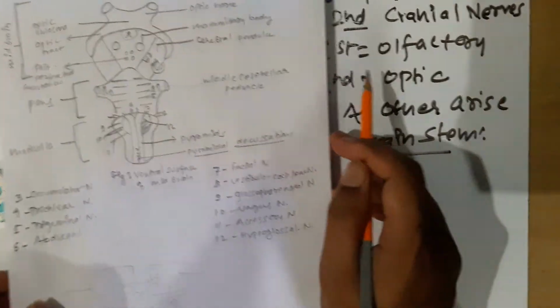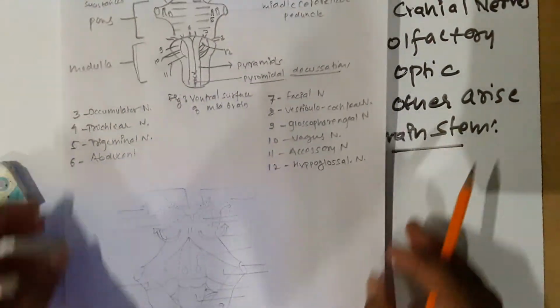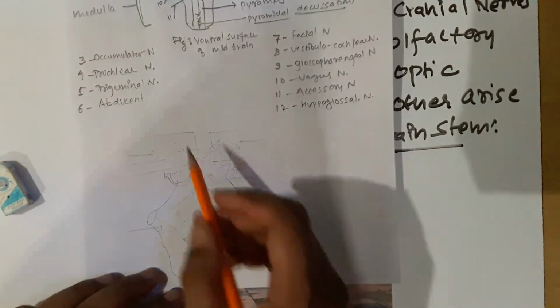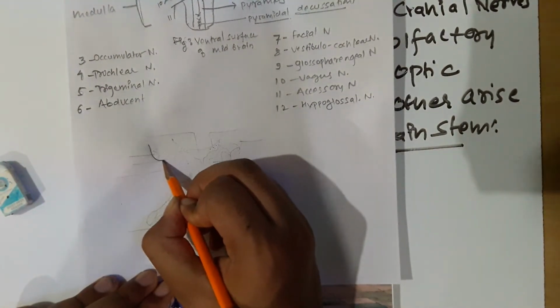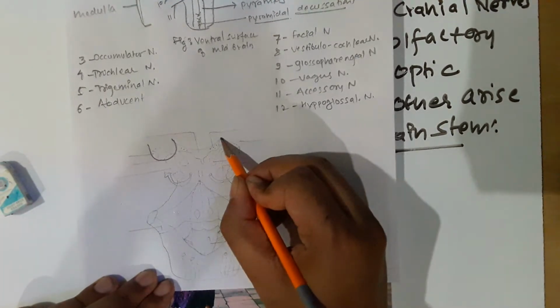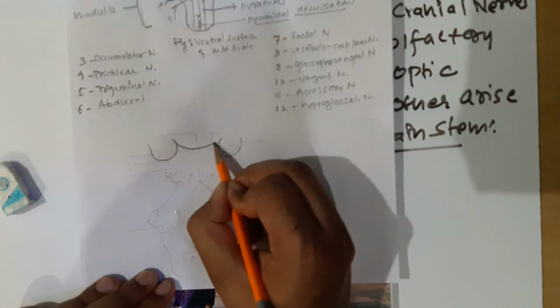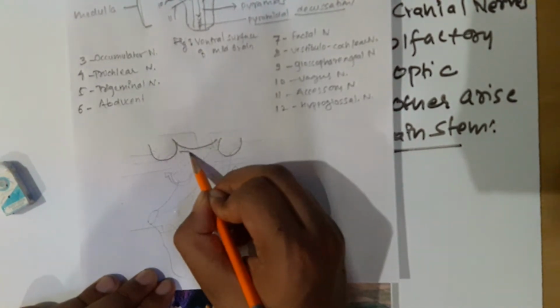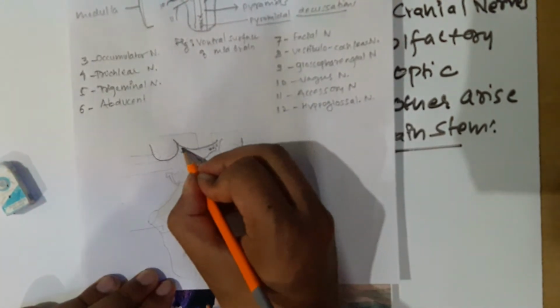As we already know, first and second are the olfactory and optic. Now let's come to the dorsal surface. This is the thalamus. This is the pineal gland. They are the habenular nucleus.